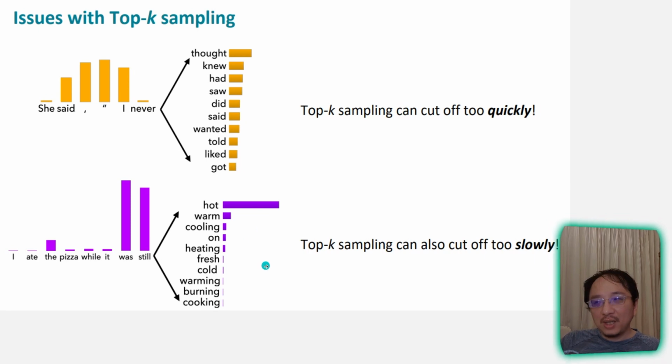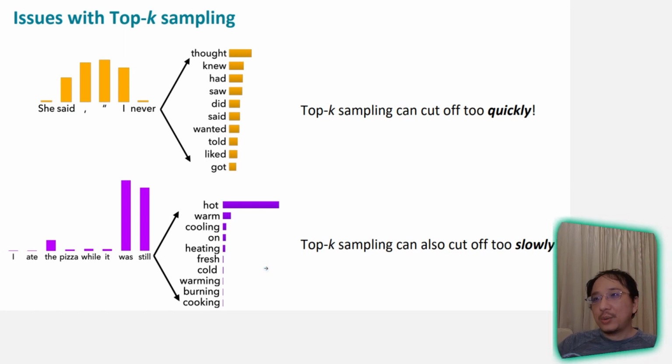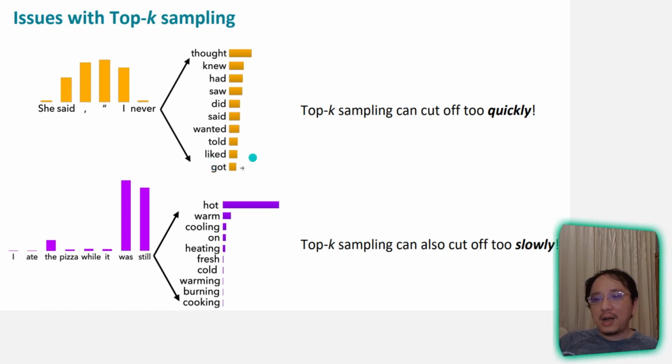So neither situation is too serious, to be honest. If we cut too early, we still have healthy alternatives that we can choose from.